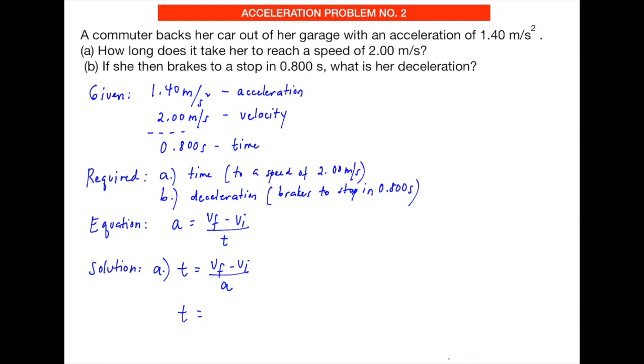So let's go now. We have your time, that is Vf minus Vi. So the first thing here, we have 2 meter per second, which is the final velocity, minus the initial velocity, which is 0 meter per second.